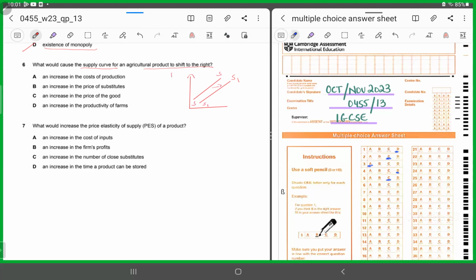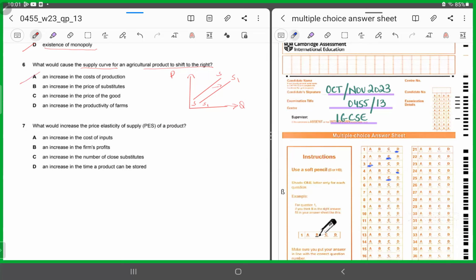This is price and this is quantity on the horizontal axis. An increase in the cost of production would not have shifted the supply curve towards the right. Instead, it would have shifted towards the left.